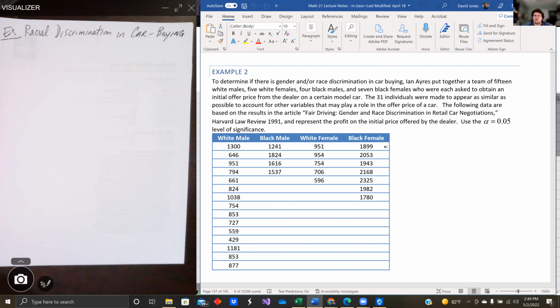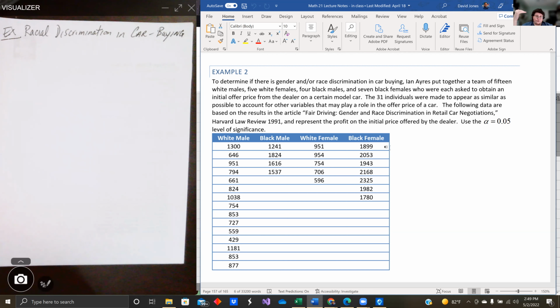So let's just make sure we understand how that's working here. Profit on the initial price offered by the dealer means there's a set price that if they sell it at this price, they make no money whatsoever. It's zero profit. It's like the cost price for the car, and anything above that price means it's a profit.